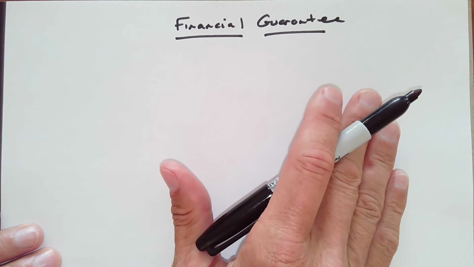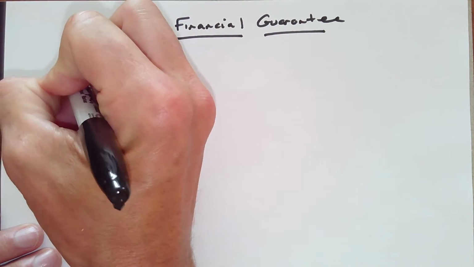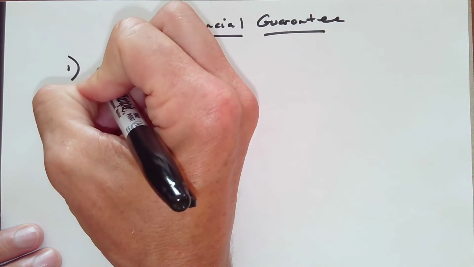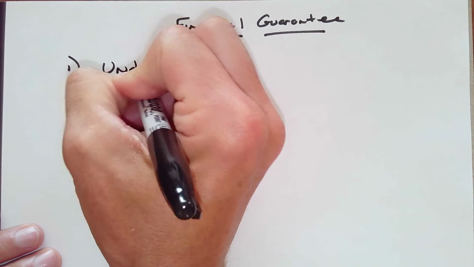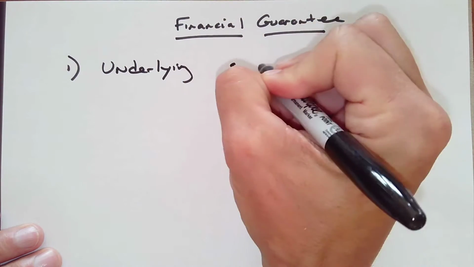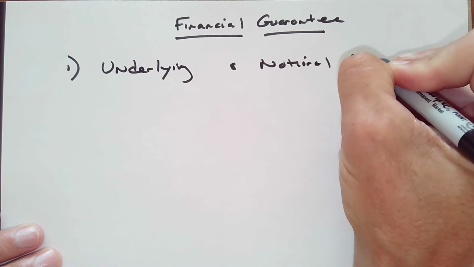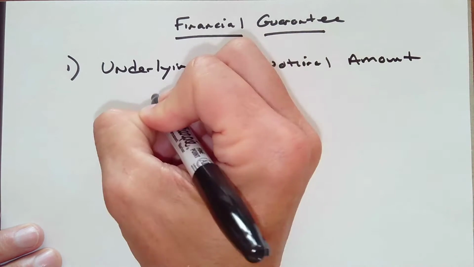So let's take a look at step one. Step one is, what's the underlying of this financial guarantee, and notional amount, or payment provision.